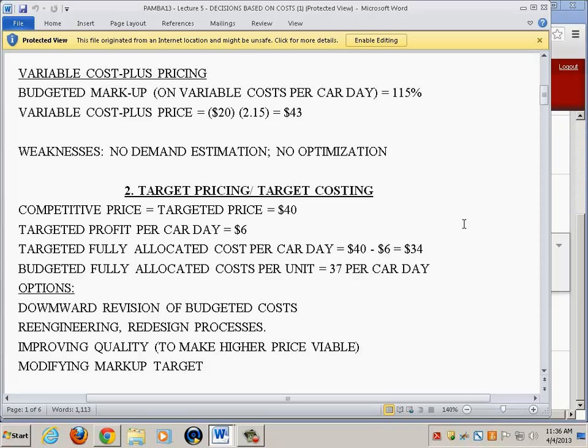So we don't start with cost, we start with market conditions. And we try to do market analysis and assess what is the price that we can charge. And let's assume in this example we come to the conclusion that given the competition in this particular market, the targeted price, the competitive price that we can charge is $40 per day that we rent.